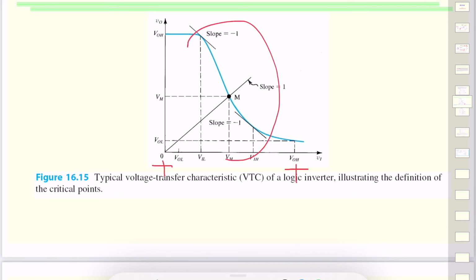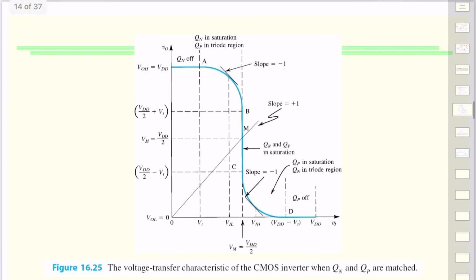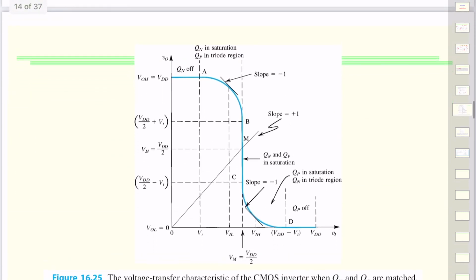And then we said that in ideal transistors we want this to be really steep, which is indeed the case when we look at the voltage transfer characteristics of the CMOS inverter that's made with the PMOS and NMOS. So here there are 5 interesting segments, and what we see here is there are different combinations of the modes of operation of PMOS and NMOS.